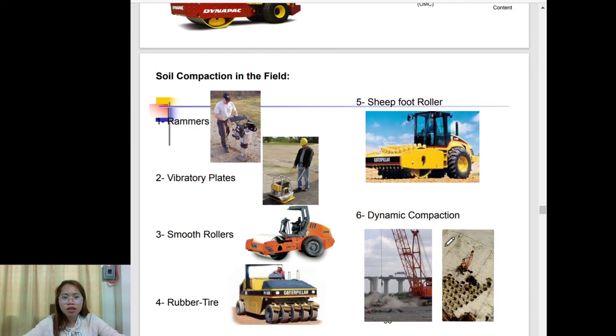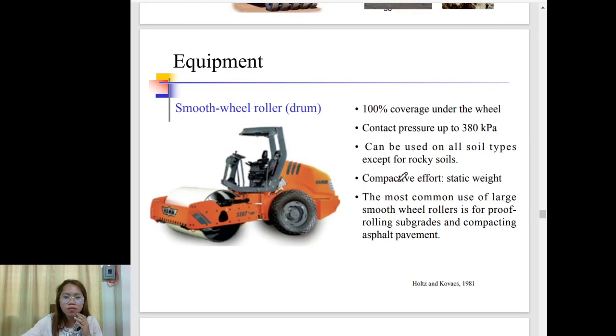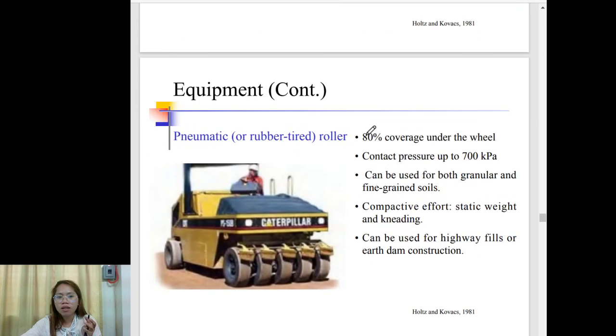So we have different soil compaction in the field. So we have different equipment. Now we have the rammers, the vibratory plates, smooth rollers, rubber tire, sheepsfoot roller, and dynamic compaction. So we will not discuss this one by one, but you can read this by yourself, no? And understand.